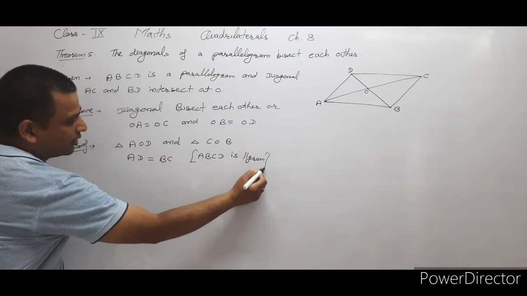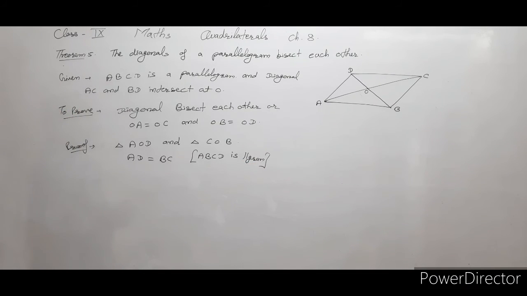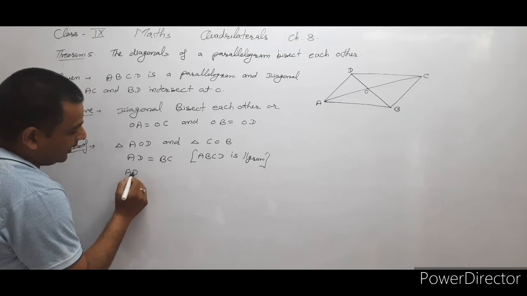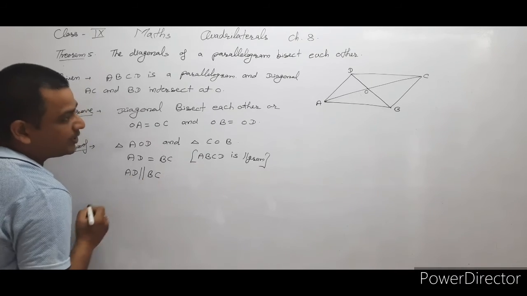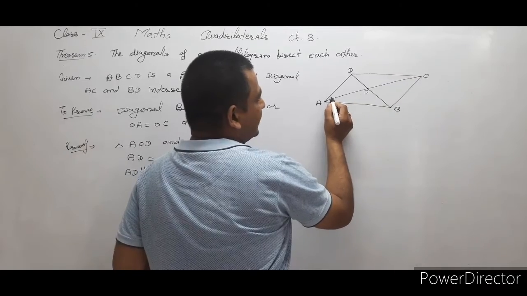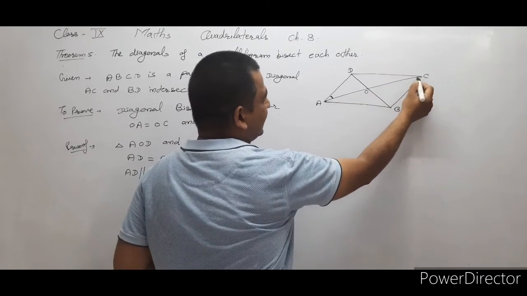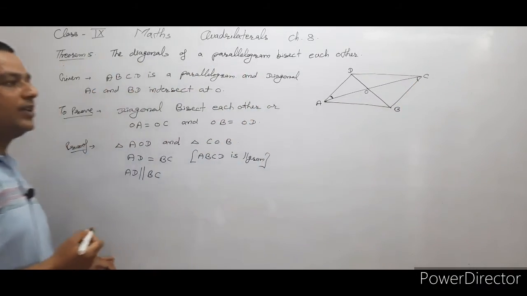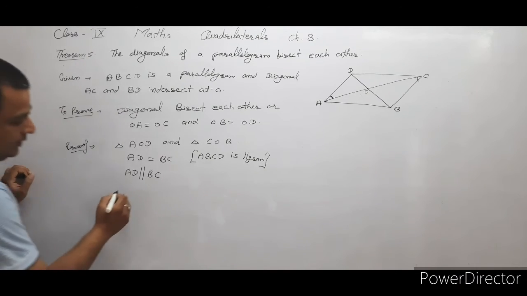If it is a parallelogram, then opposite sides are parallel and equal. That means AD and BC are equal, and AD is parallel to BC. If AD is parallel to BC, that means this angle and this angle are equal because of alternate interior angles.